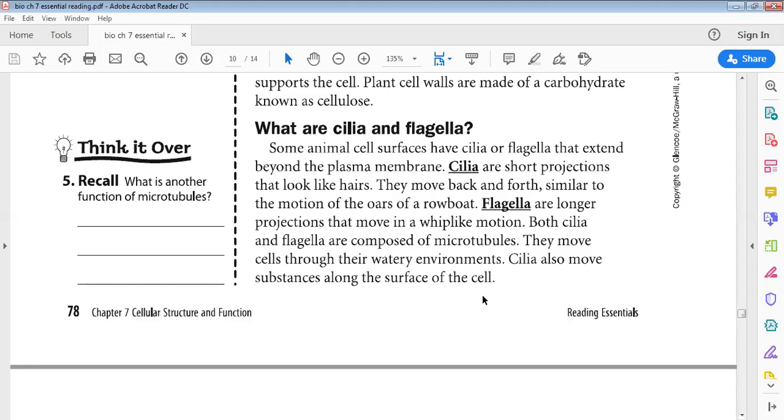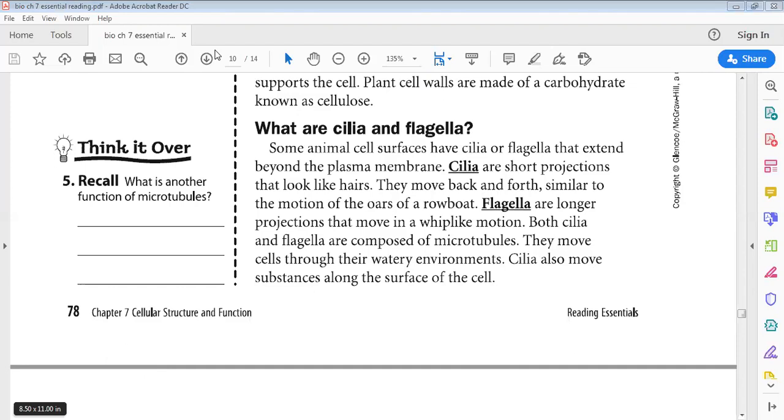Cilia and flagella both help the organism to move. But cilia have another job besides movement: they move substances along the surface of the cell. Sometimes the organism uses the cilia like hands. It moves substances over its surface. You can watch the video I gave you about cilia and flagella before.